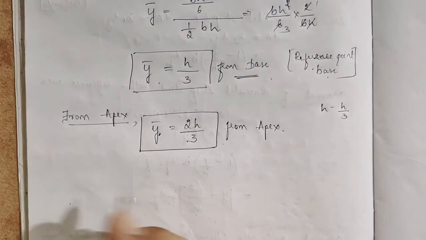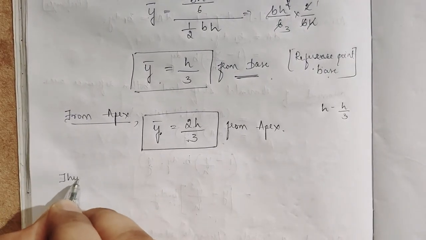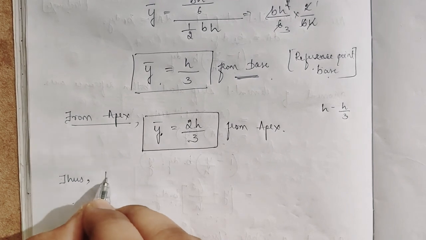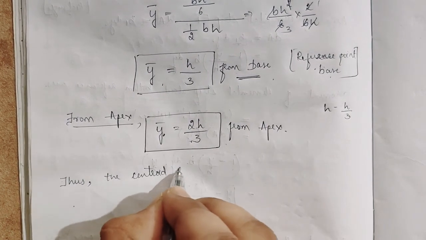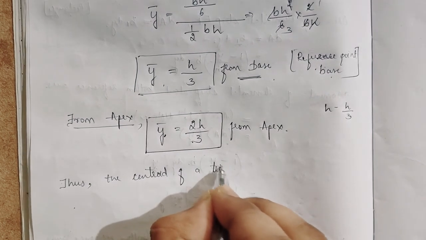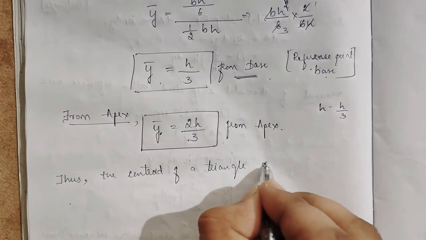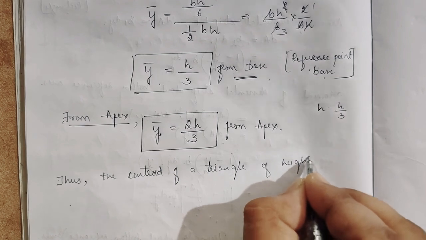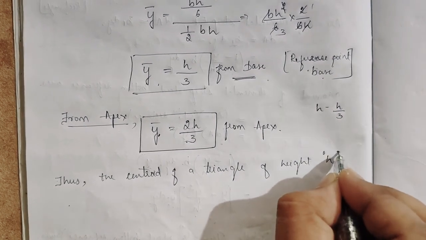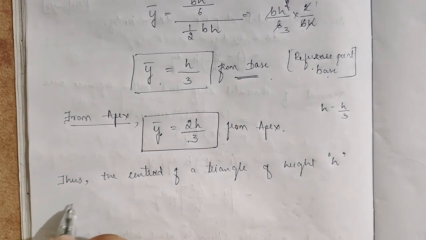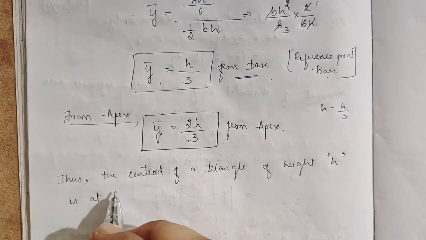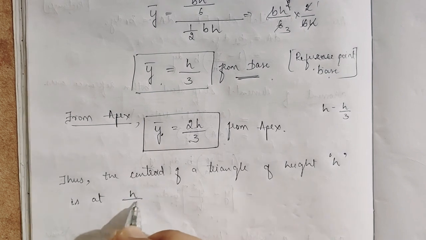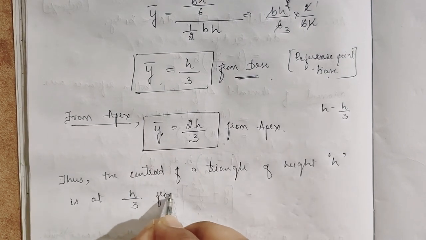Okay, thus I can state that the centroid of a triangle of height h is at h by 3 from base.